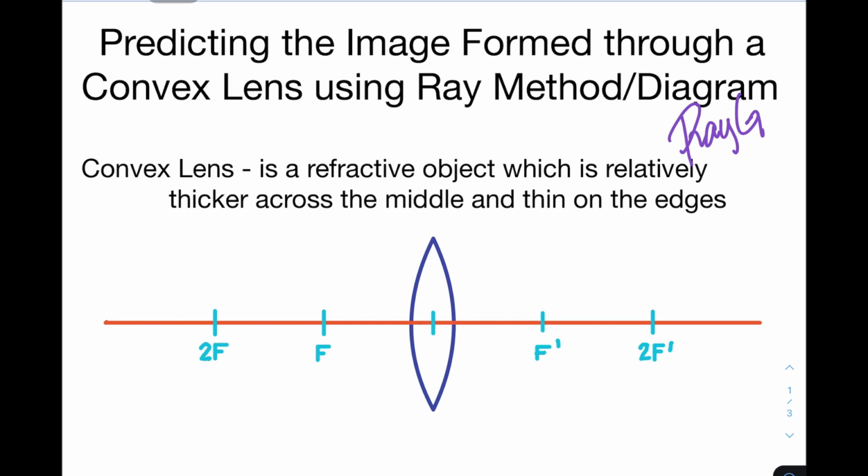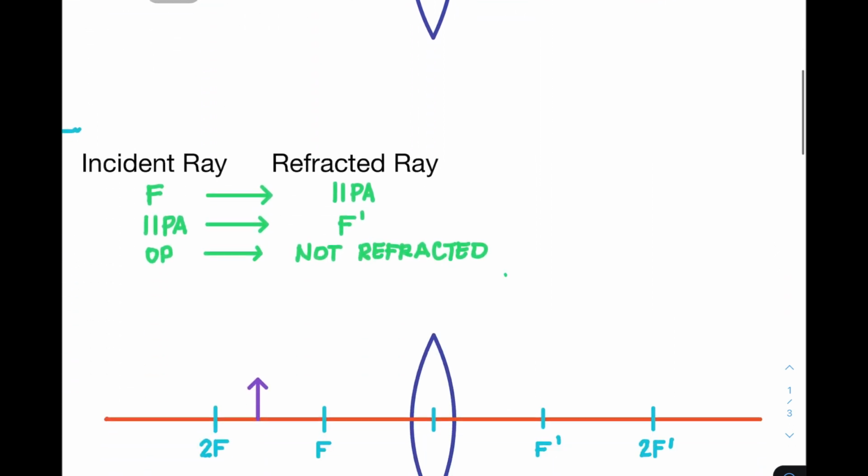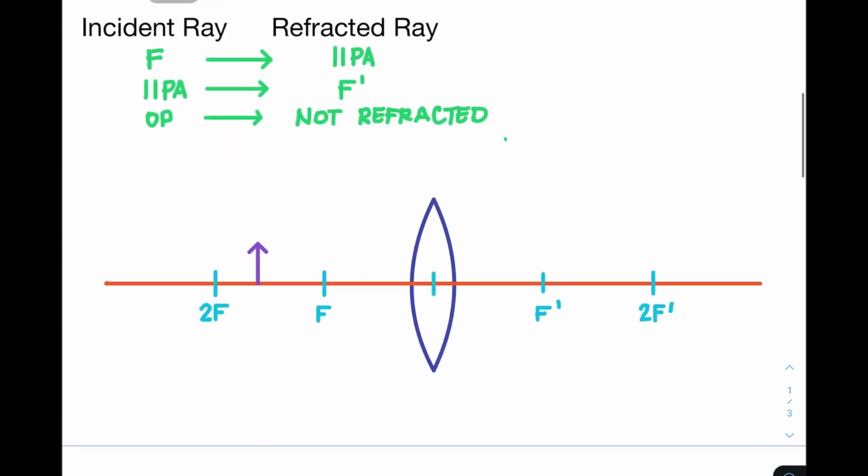Now, without further ado, let us continue and learn about the concept behind predicting the image through a lens. If we're talking about a convex lens, we have a different set of rules compared to a concave.